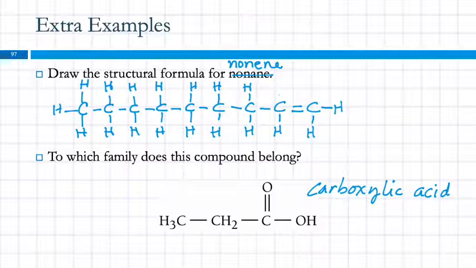So how did I know how to draw nonane? I'm going to make it back into nonane. So the prefix non tells me 9 carbons. There are actually a lot of different ways those carbons could be arranged, but the simplest is just put them all in a chain.